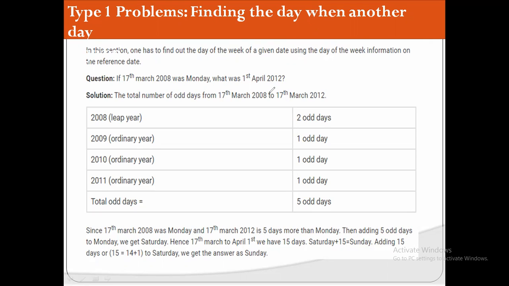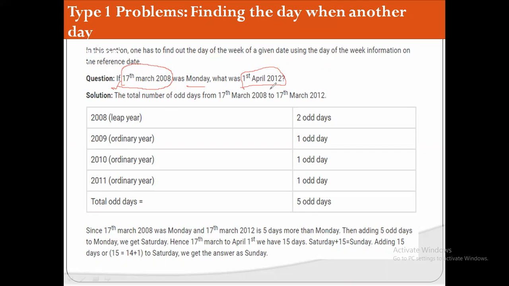For example: if 17th March 2008 was Monday, then what was 1st April 2012? Don't rush to the calendar, don't check whether 2008 was Monday or not. They have clearly given 'if', which means if it happens, then what should be the day?